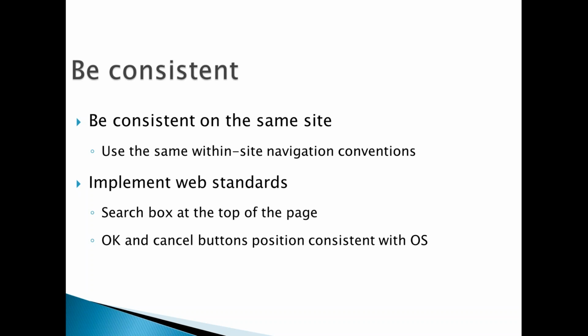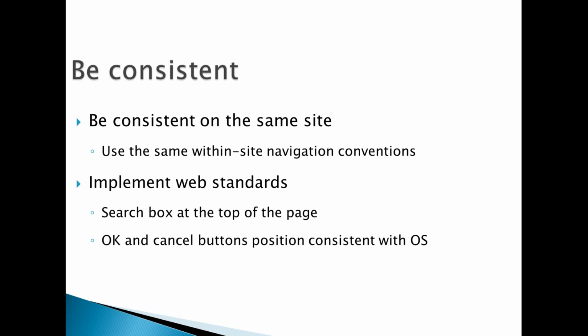The worst thing, though, is when companies let us look at their websites and they do change the location of the main menu navigation on an internal page, but then they also change the labeling. So that's always frustrating to users as well. So you just want to implement web standards.